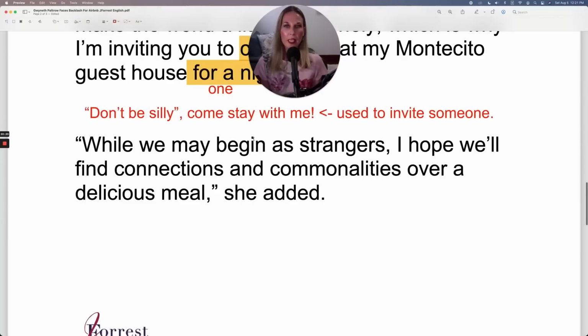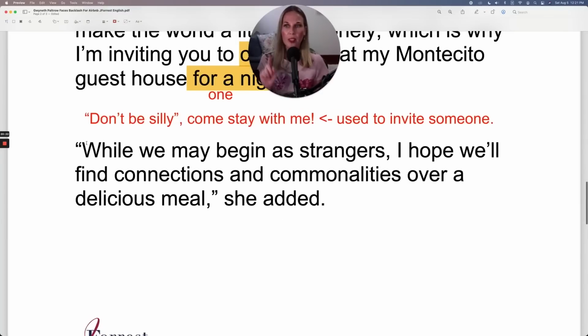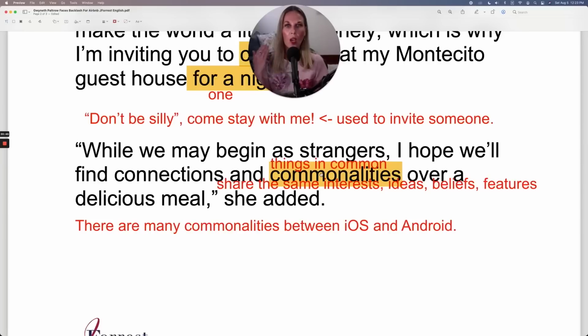While we may begin as strangers, okay, notice the quotation continues. These are still the words of Gwyneth Paltrow. And remember, she wrote this in a post. While we may begin as strangers, I hope we'll find connections and commonalities. Commonalities, you could also say things in common.